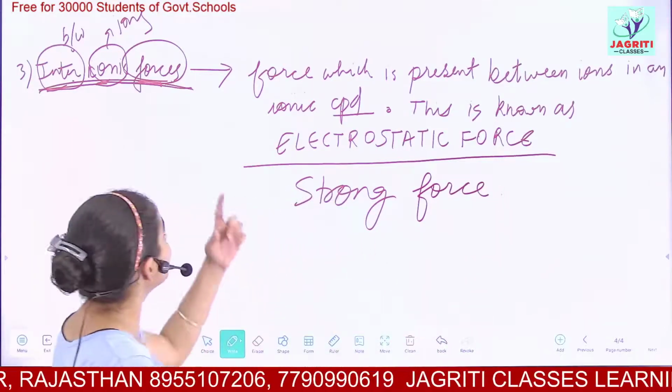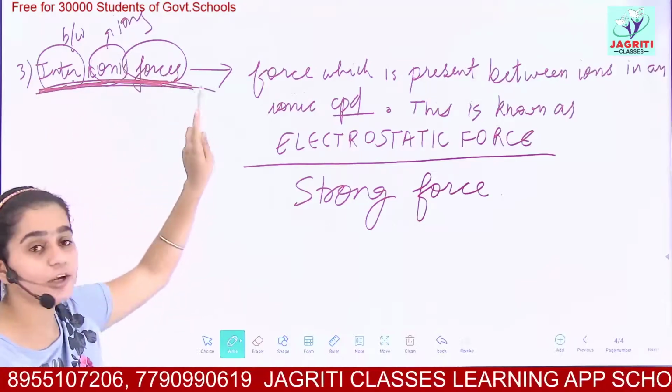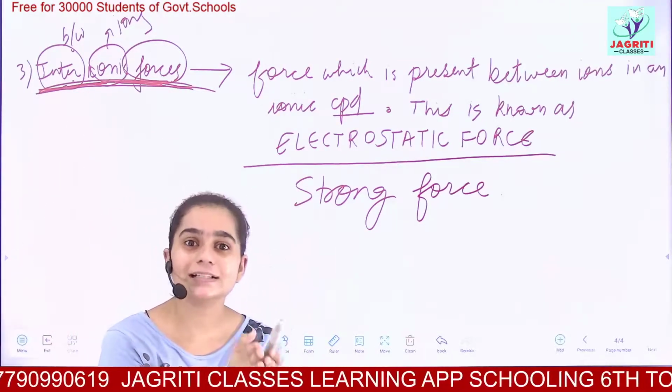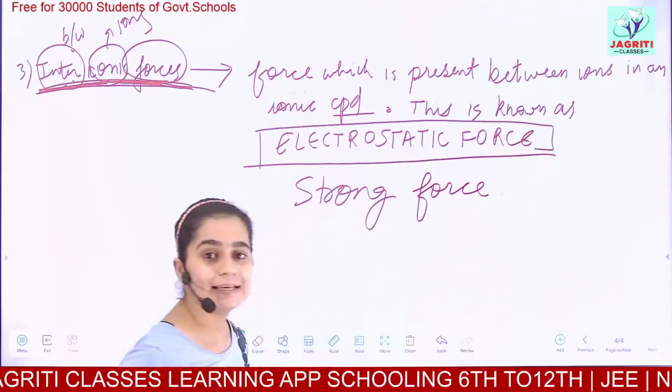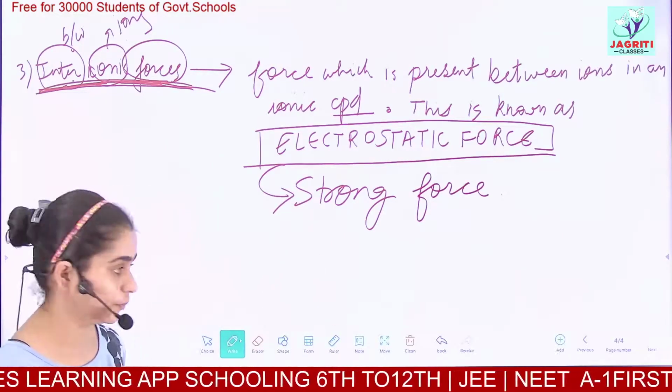So this is the third property of ionic compounds: they possess interionic forces. Interionic means forces present between two ions, and the exact name of the force is electrostatic force, which is very strong.